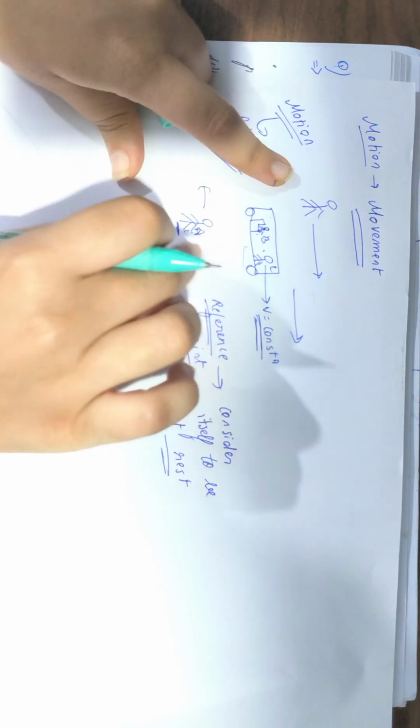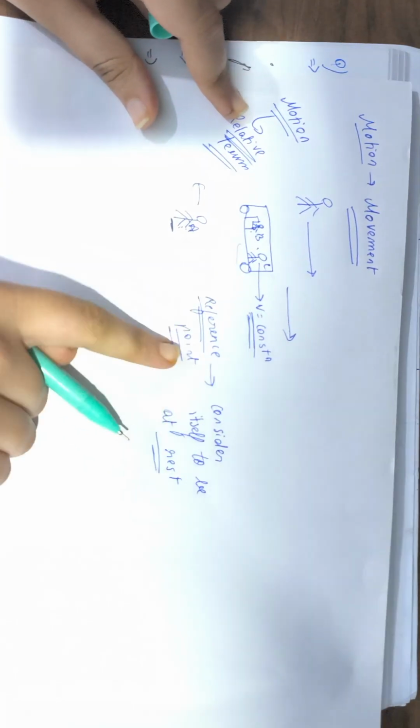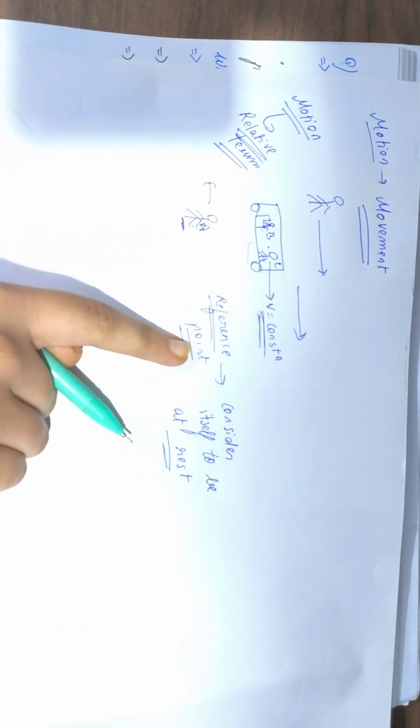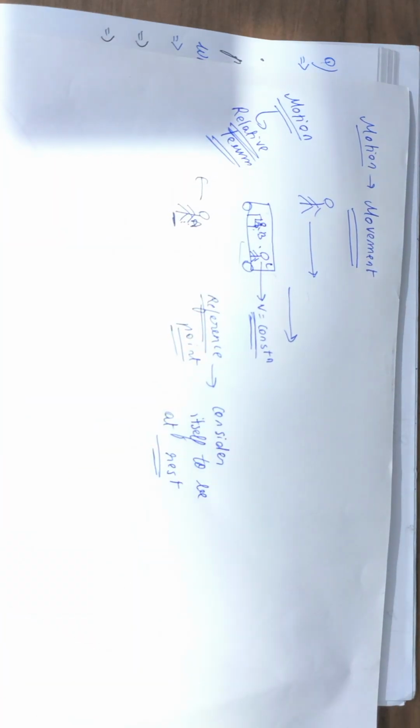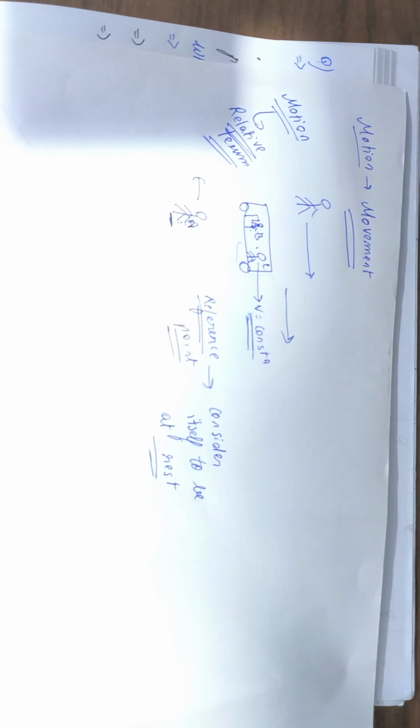From this instance you can understand that motion is a relative term. It depends on the reference point, and the reference point always considers itself to be at rest. These are a few important points which are very basic even for competitive exams like JEE and NEET, but for 10th class level also, if you have this much concept clarity, you can solve any kind of questions. So this was the basic introduction of motion.